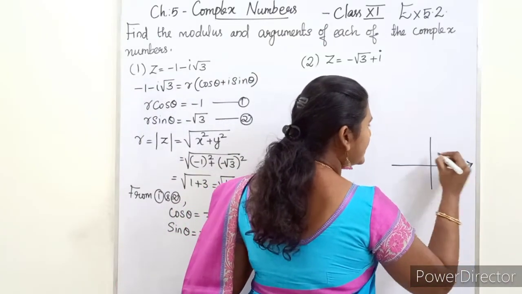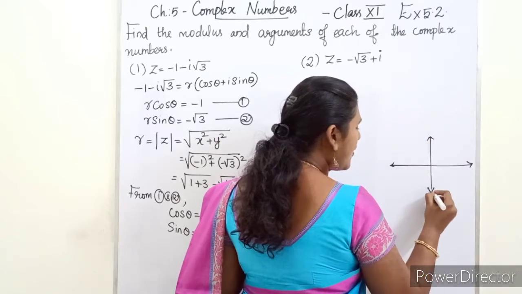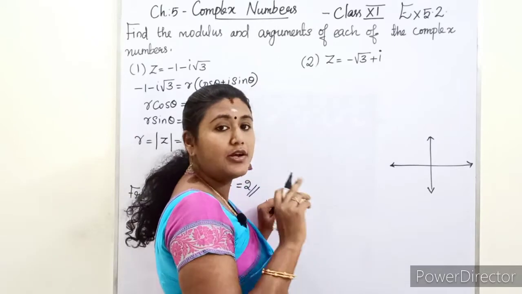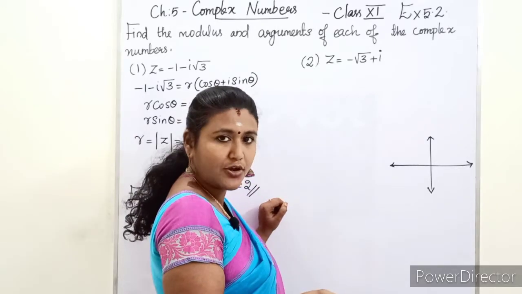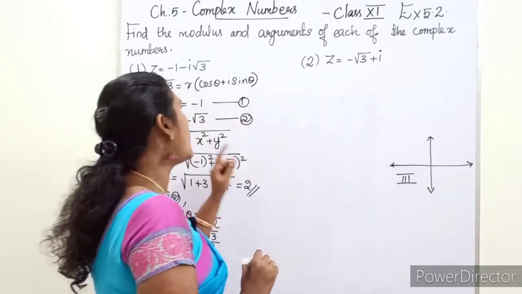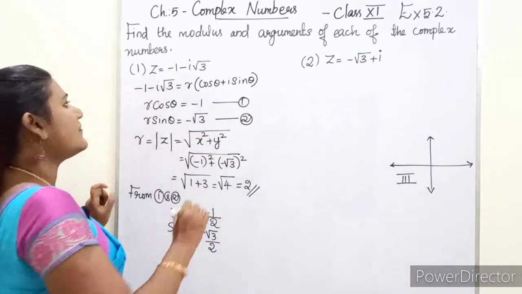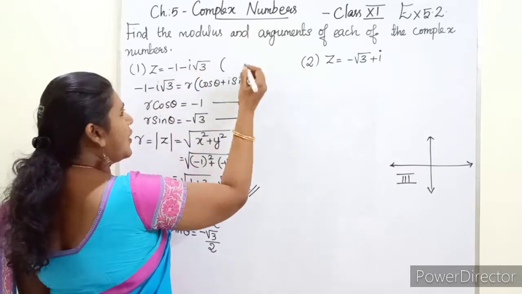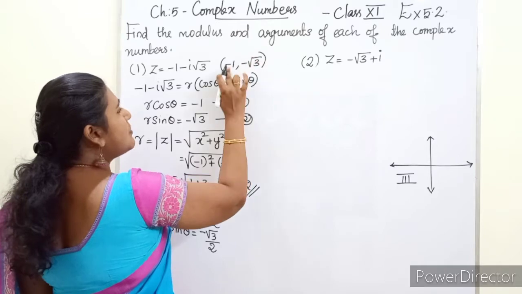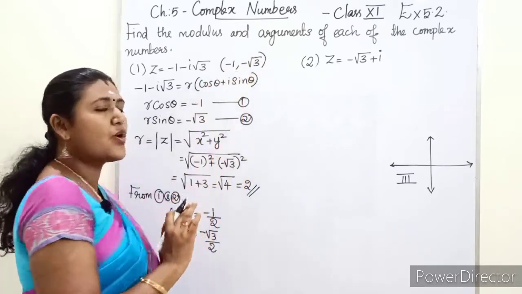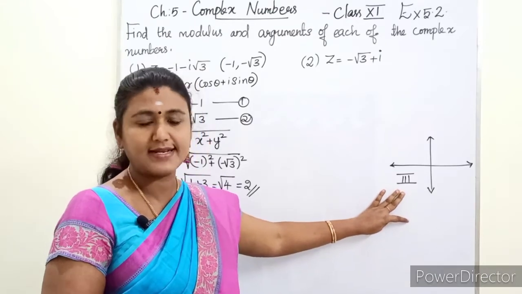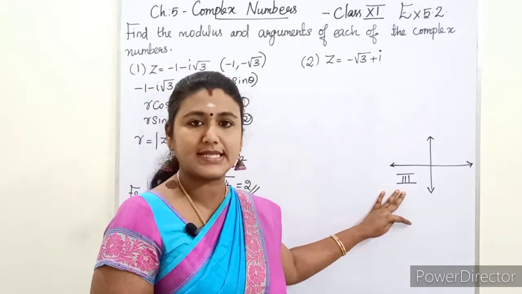You know that in the first quadrant all are positive, in the second quadrant sine and cosec are positive, and in the third quadrant only tan and cot are positive, all other trigonometric ratios are negative. From the ordered pair minus 1, minus root 3, both the x coordinate and y coordinate are negative, which happens only in the third quadrant. In that way also we can decide the quadrant in which the complex number lies.